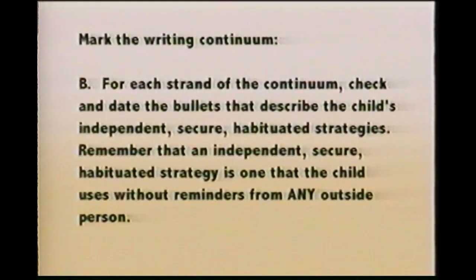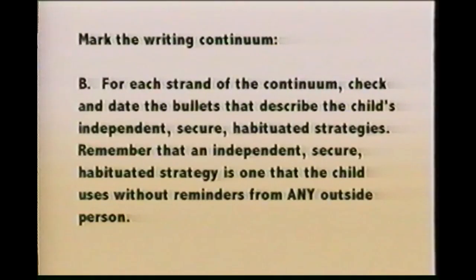Part 2 for marking the continuum is, for each strand of the continuum, check and date the bullets that describe the child's independent, secure, habituated strategies. So yes, you do need to mark the bullets and you need to date them. And you do need to do that at second trimester too, because that helps you to know and document the child's progress toward the core.